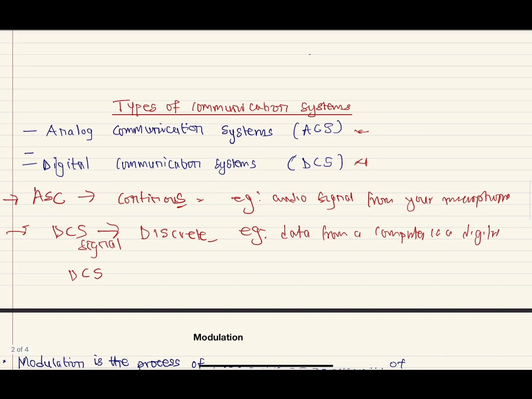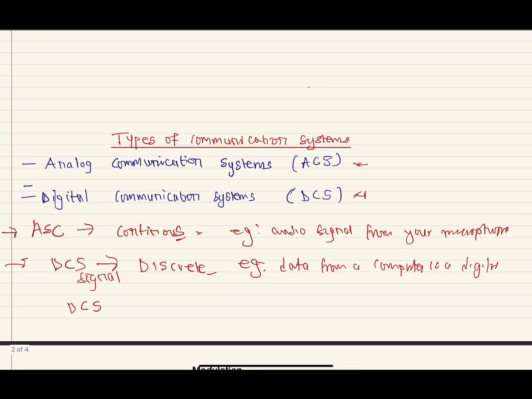So now that we are done talking about the various types of communication systems, we came to the point that there has been a classification of communications, which is analog communication systems and digital communication systems. And therefore, I would like to say that communication systems are an essential part of our modern society.